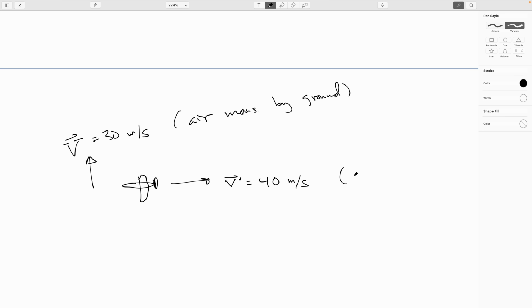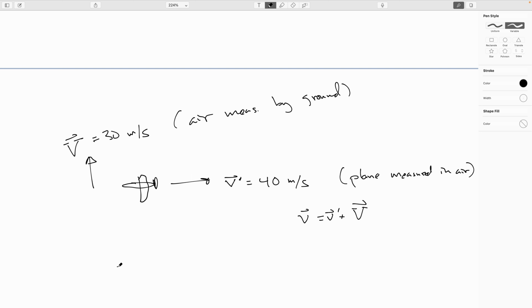And then this is plane measured in air. So to get the velocity of the plane as measured on the ground, we would remember that v is equal to v prime plus capital V.